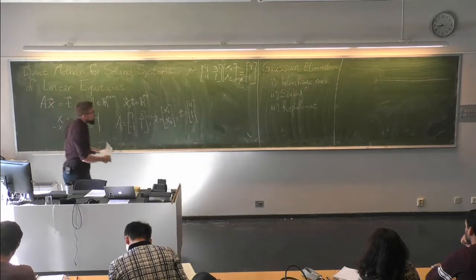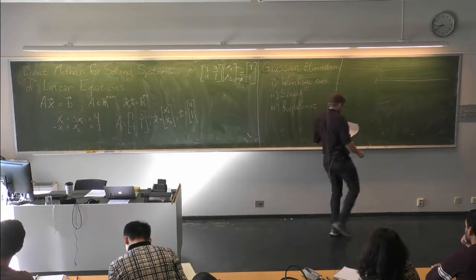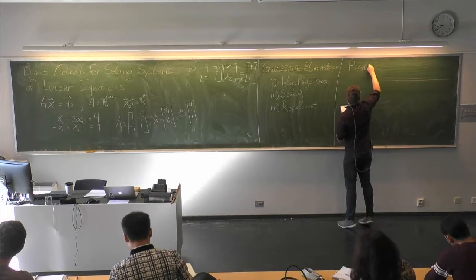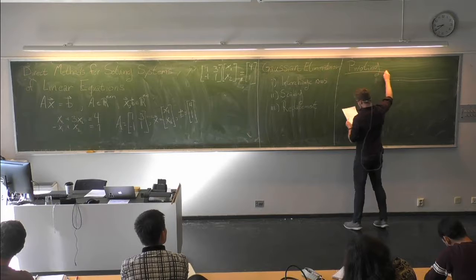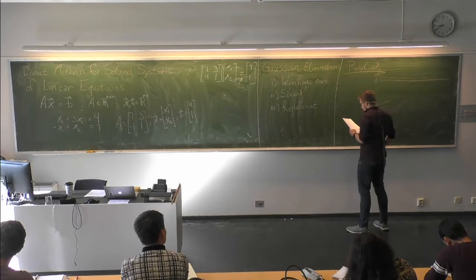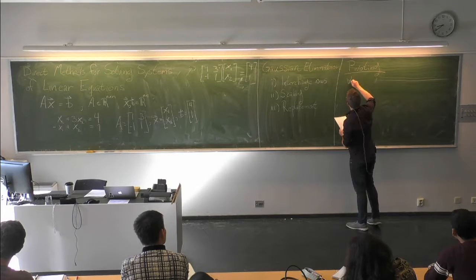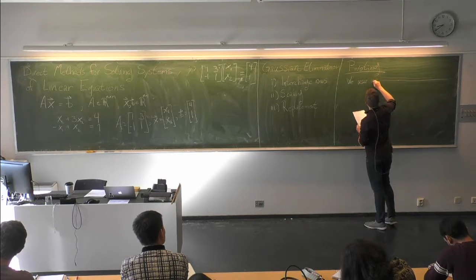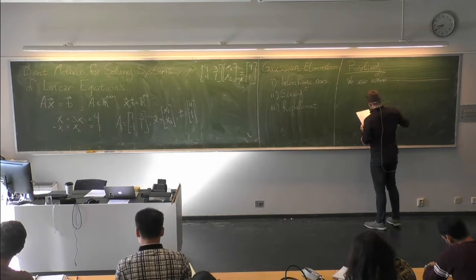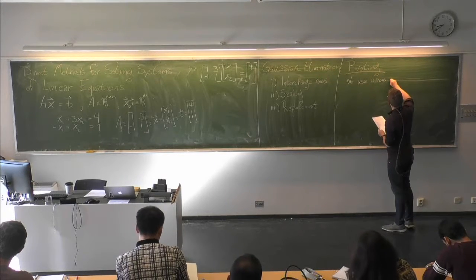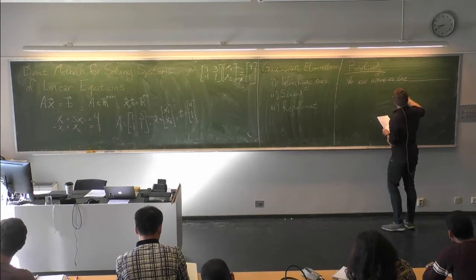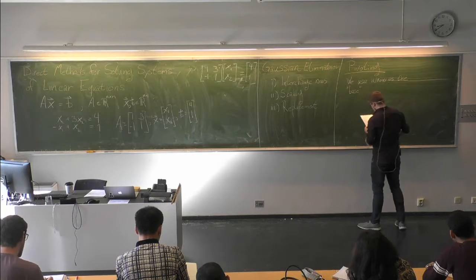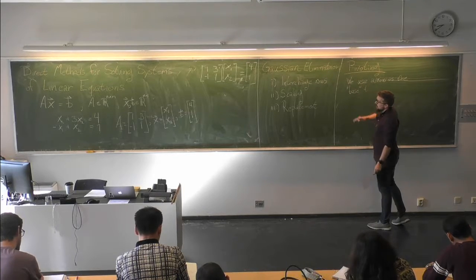So we use a row as kind of the base to eliminate the rest of the column.